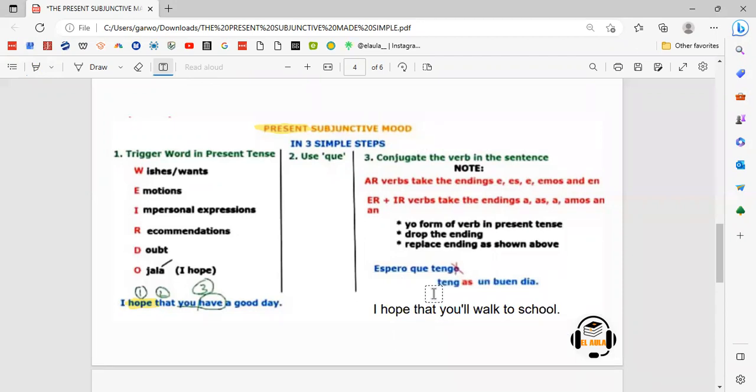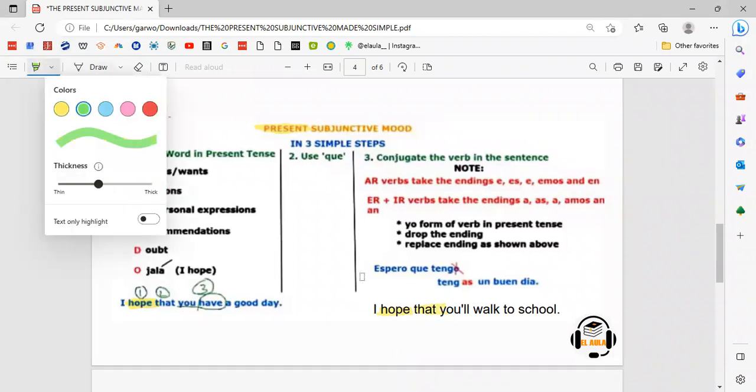In this statement, we realize that all three aspects of a present subjunctive statement are present, right? We have the trigger word, and this trigger word, hope, specifically depicts a wish or a want. We know that we're going to use que, and then let's try to use different colors for each section.